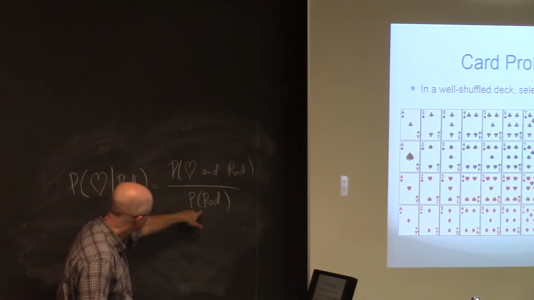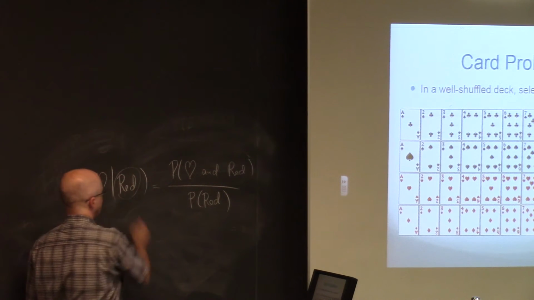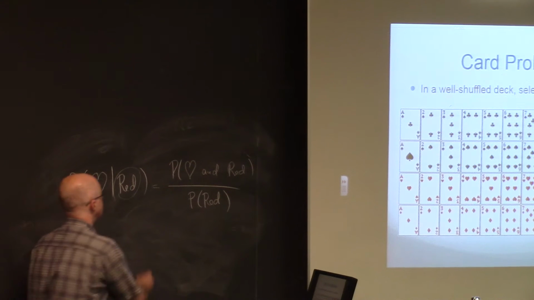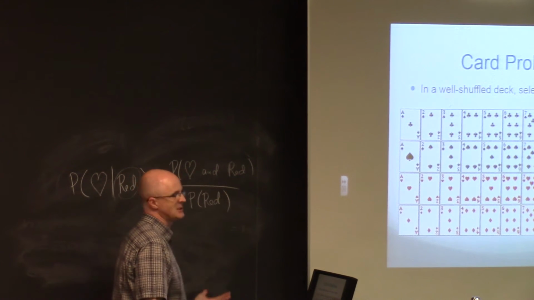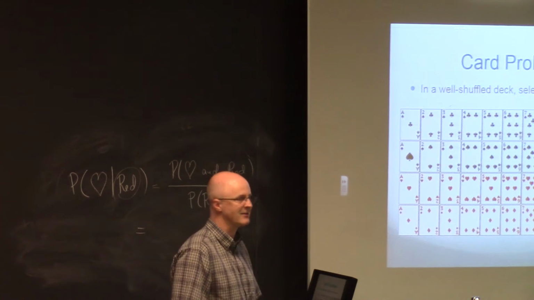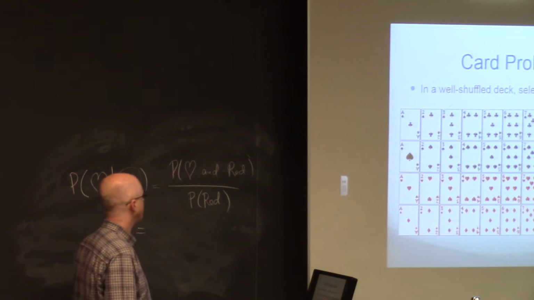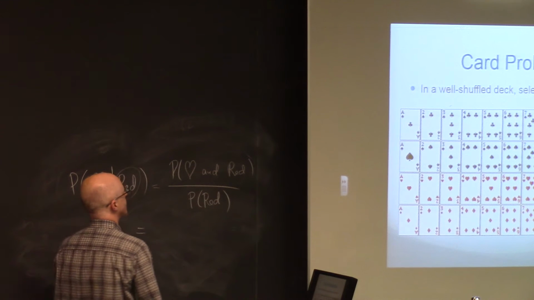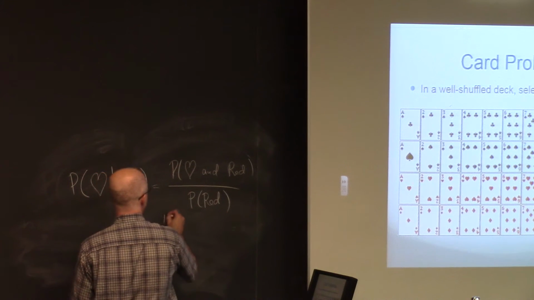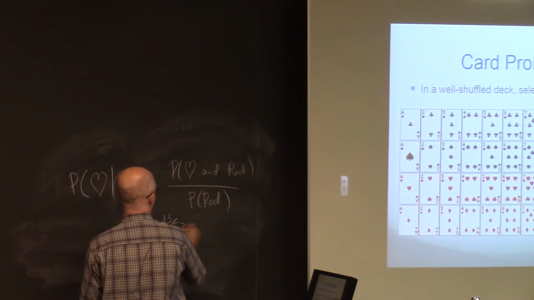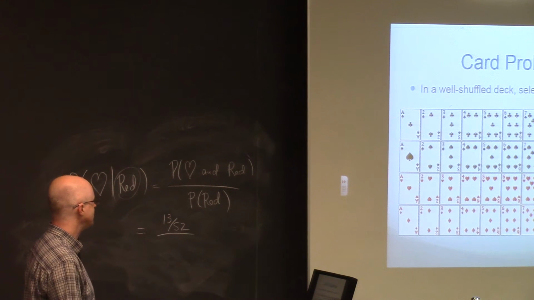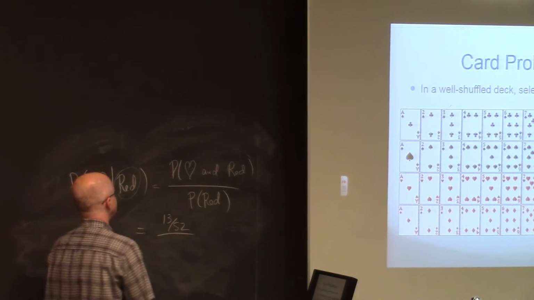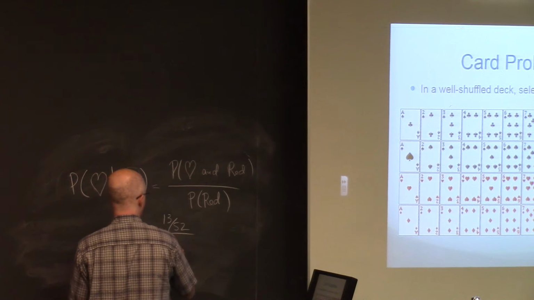The probability that goes in the bottom is always the probability of a given event. That's the pattern here. Well, being a heart and red means you're a heart, okay? That intersection is the same as the probability that it's a heart. 13 out of 52 are hearts and reds. 13 out of 52 are hearts, because every heart is red. The probability that it's red is 26 out of 52.